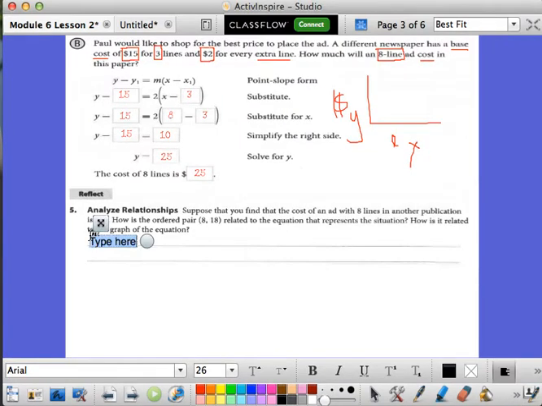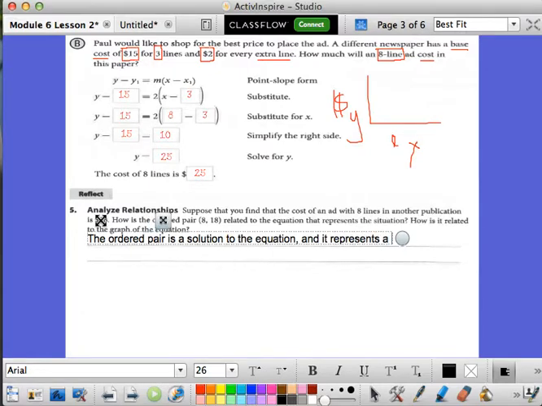We don't need to know the new equation, but the ordered pair is a solution to the equation, and it represents a point on the graph of the equation.